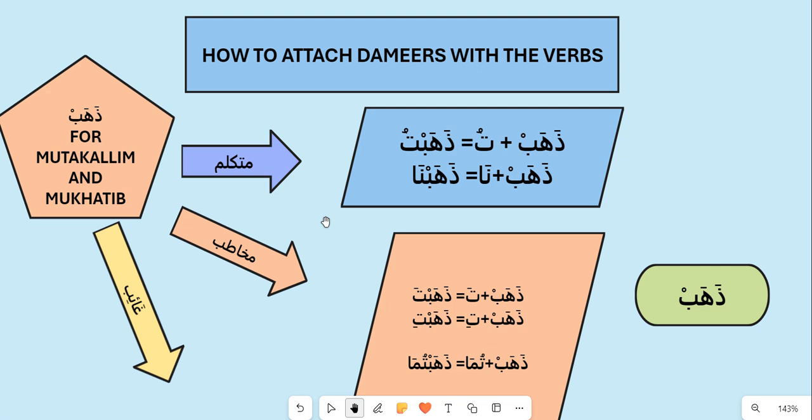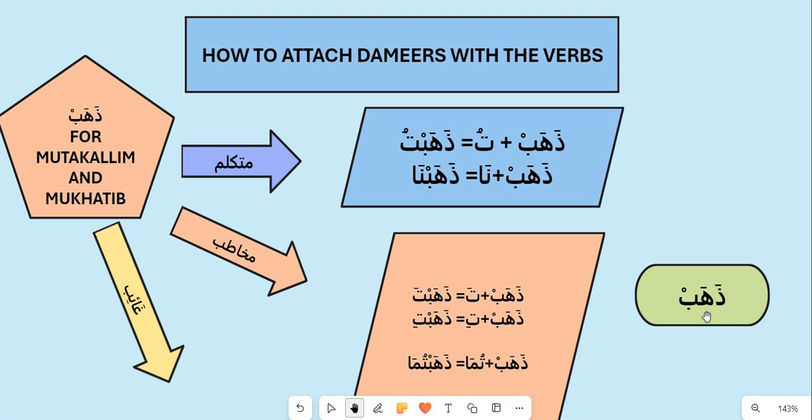I'm talking about the trilateral verbs. For example, in this lesson, you will use dhahaba. Any trilateral verb, for example fa'ala, akala, kharaja, all these trilateral past tense verbs will use one single structure, that is the dhahab.